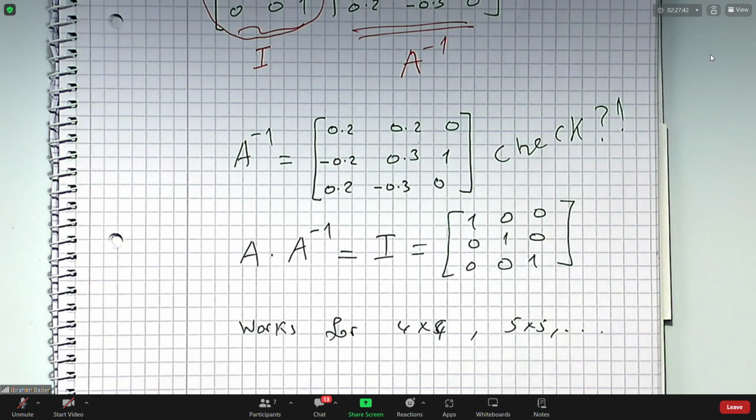Okay, now before we go to the final example for today, any questions? Do you have any questions? Why did we add 1 and 2?